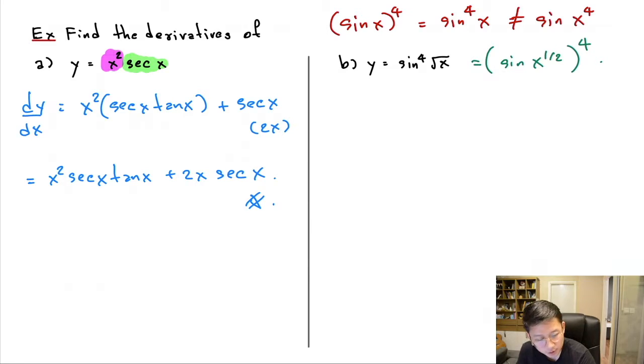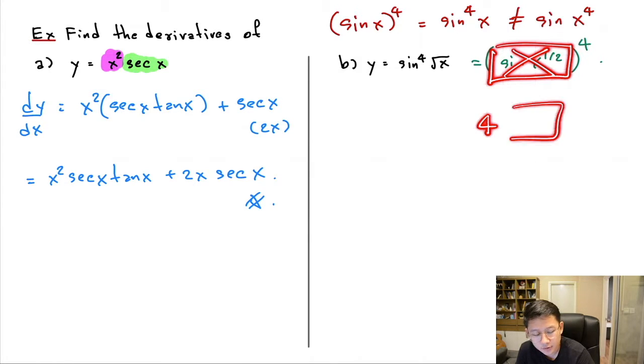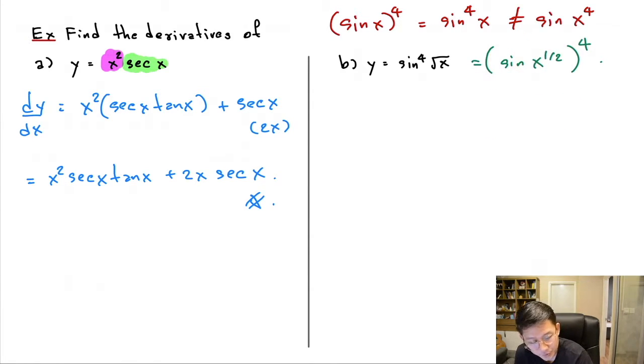Because we know how to differentiate x to the power of 4, which is 4x cubed. So let u be sin of x to the power of 1/2. Then y would be u to the power of 4.